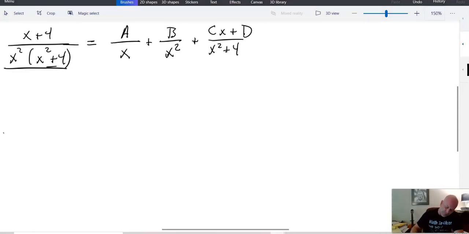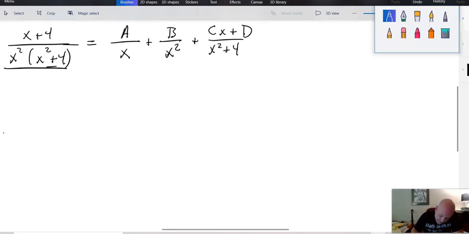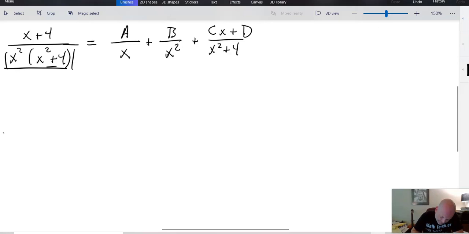Okay, so what we're wanting to do here, now that we have all this set up, is multiply by our common denominator so we can set up our system of equations. So we're multiplying by this all the way across. It's times x squared times x squared plus 4. Here, one of these x's is going to cancel.